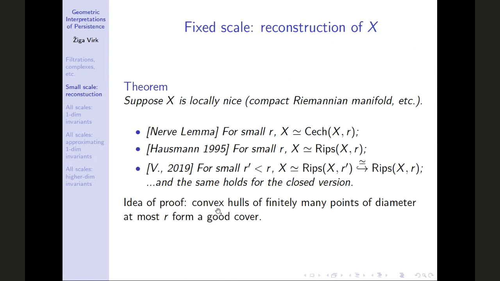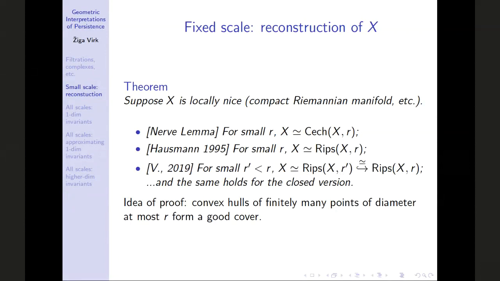So for that cover, generating Rips complexes, you can just take the convex hull of finitely many points of prescribed diameter. They form a good cover, and this homotopy equivalence actually follows directly. The fact that this inclusion is a homotopy equivalence, on the other hand, follows from the previous diagram, which said that these homotopy equivalences are functorial in a sense. So I get much more essentially for free from using a very small result.